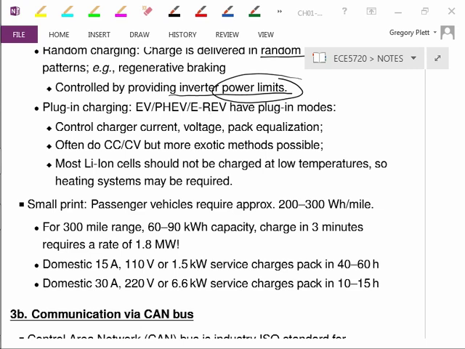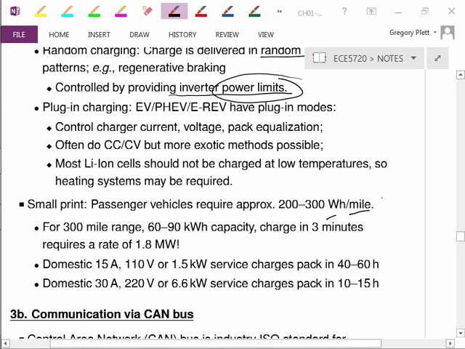So this is our small print. Passenger vehicles, kind of a normal size, not too big vehicle, requires about 200 to 300 watt hours of energy per mile traveled. And I know that's an awful use of units, but that's what people use. So they use metric and the imperial units together.